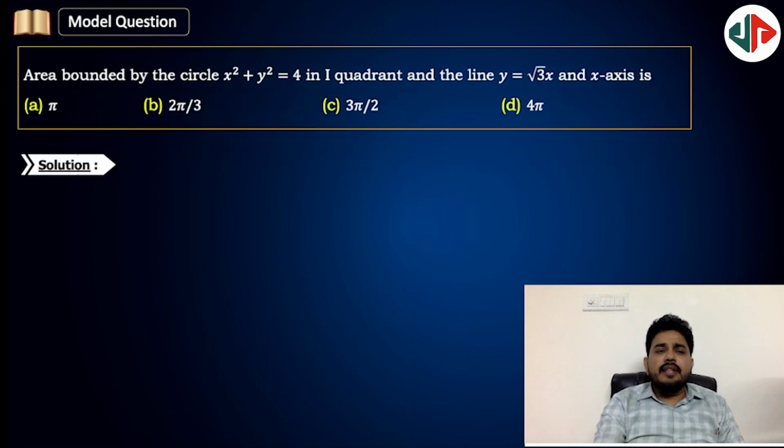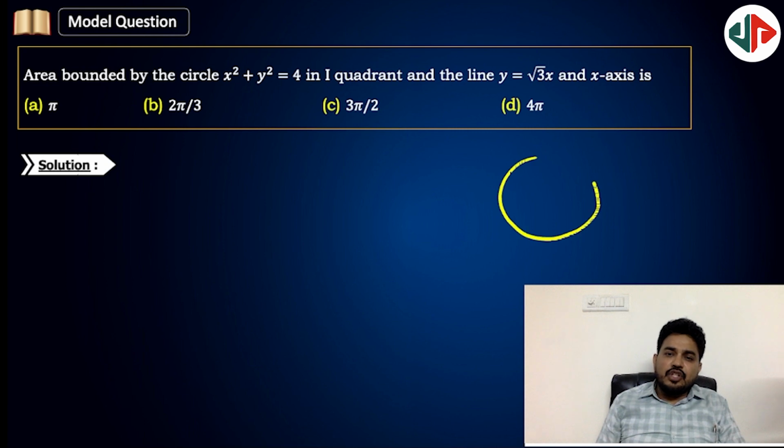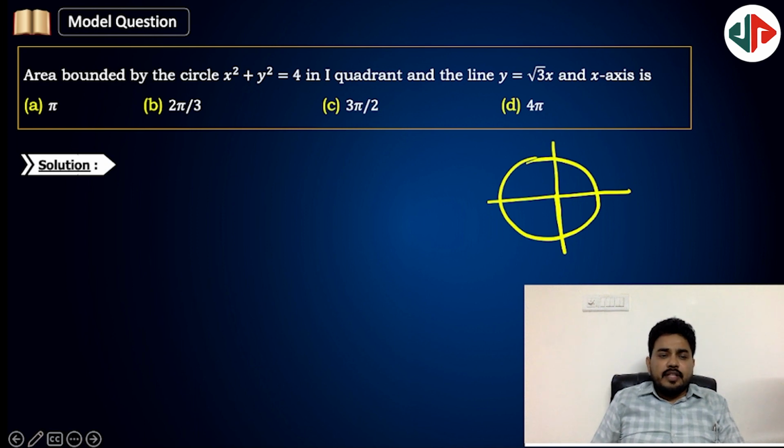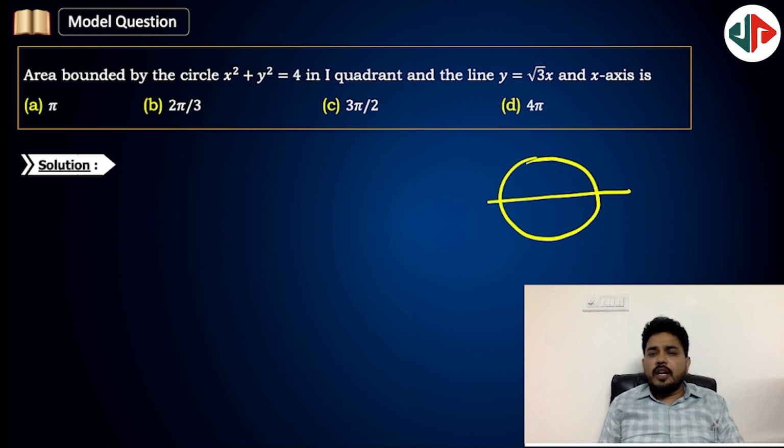Next question is the area bounded by the circle x square plus y square is equal to 4 in the first quadrant. Along with this, they have given one more line also. What is that? Y is equal to root 3x. The area bounded by the circle, this line and the x-axis.